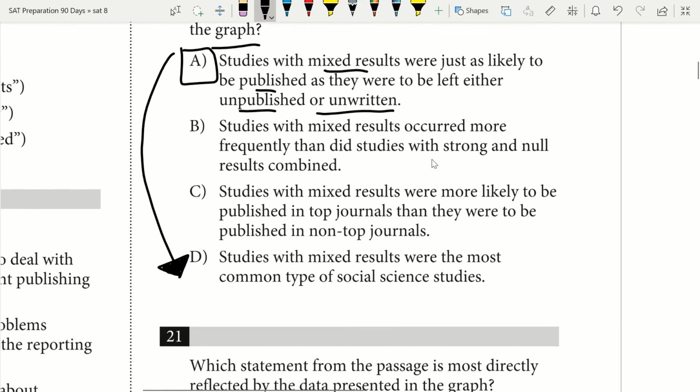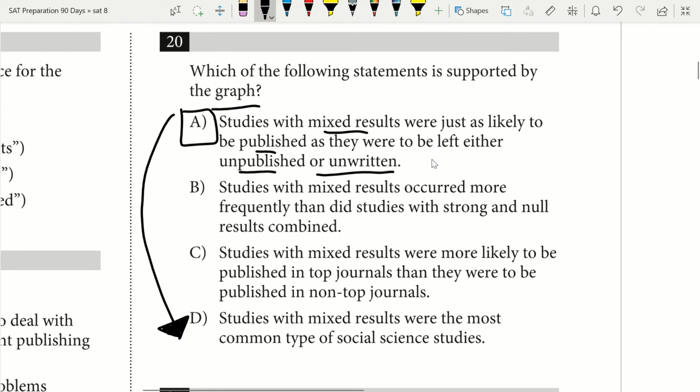Next up, we want to go down to 21, and just another quick side note on question 20. If you have data interpretation questions with really long answers like these, I recommend going from A to D. I haven't done a full data analysis on this, but from what I've seen on practice tests, if they have really long, lengthy answers for the data interpretation question, oftentimes the answer will lie in A through C rather than D, because they know you have to read through all of them.